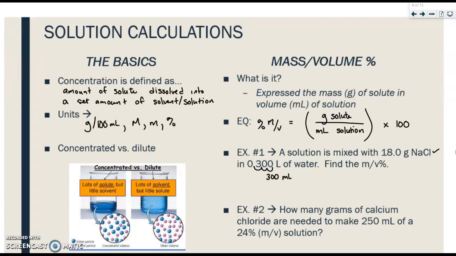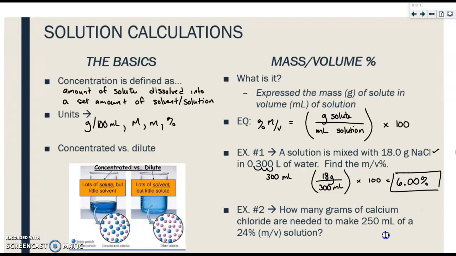And then we would just have to divide. So we take our 18 grams divided by 300 milliliters, and we multiply by 100. There are a lot of equations within this unit, but mathematically they're not too bad. And we should get 6%, and we want 3 sig figs, so we would put 6.00%.